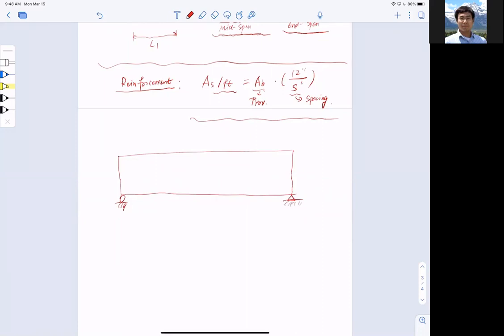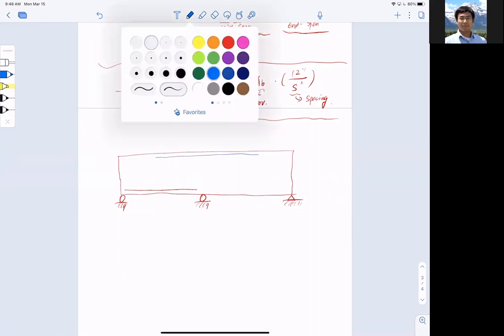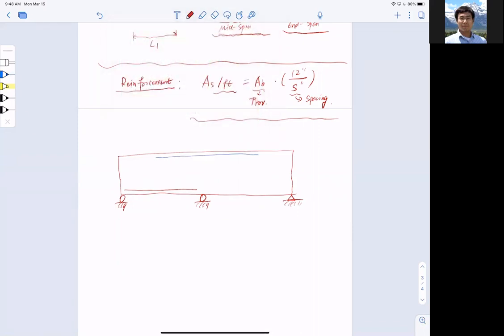But if I have a simply supported beam, I don't have this issue. But if I have a middle support, and I know that the bar is going to lay at the bottom here for this end of it, and then I have a positive bending moment here, but I have a negative bending moment here. So what I do is I'm going to put both top and bottom like this. Right. So this is one design approach.